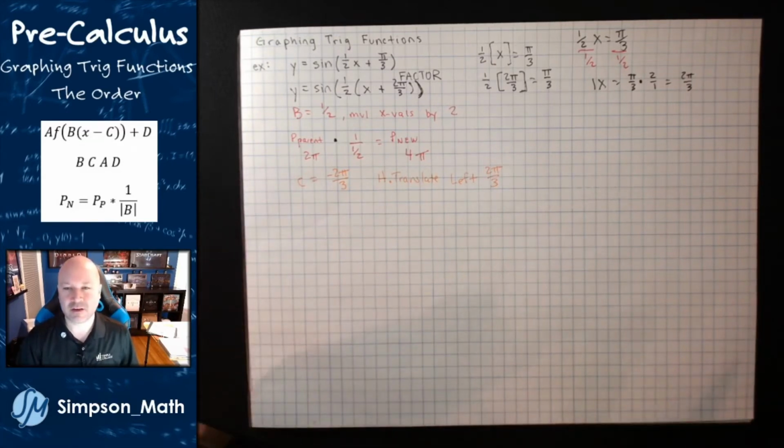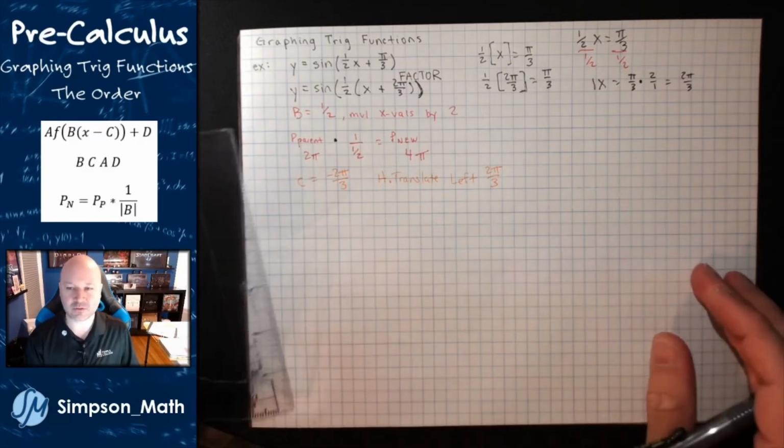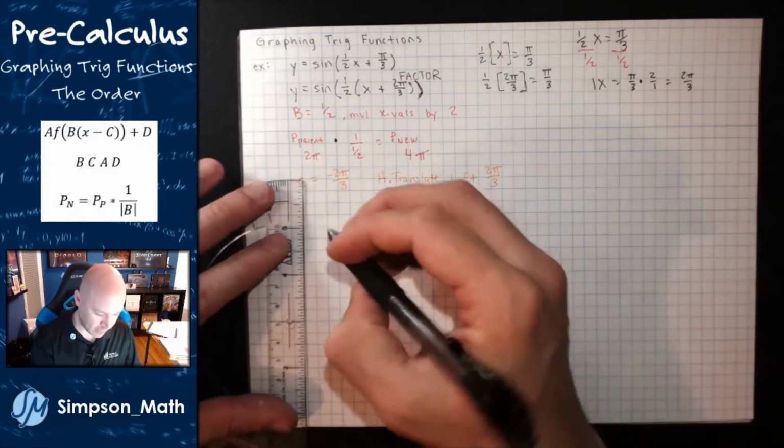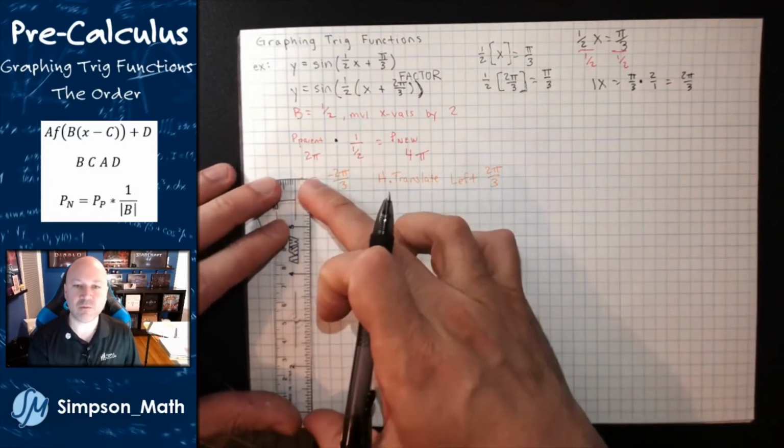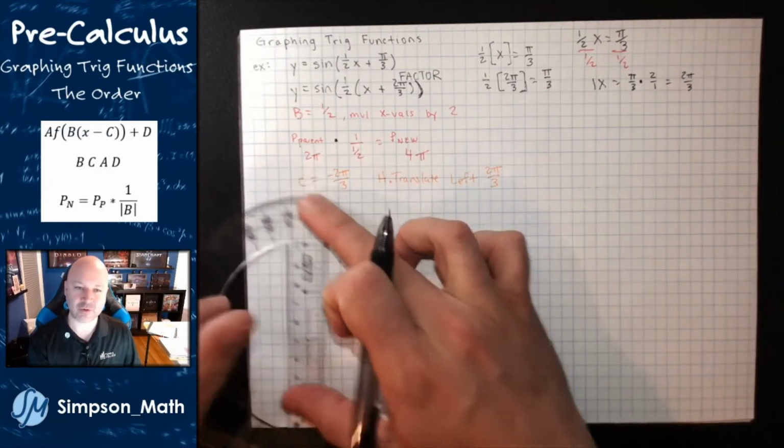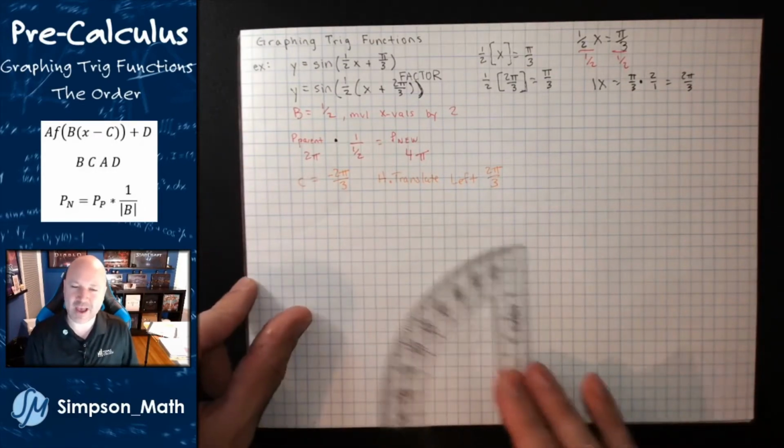Let's see how I want to do this. I think I'll just go from 0 to 4 pi. But I will need room moving leftward to the left of the y-axis.